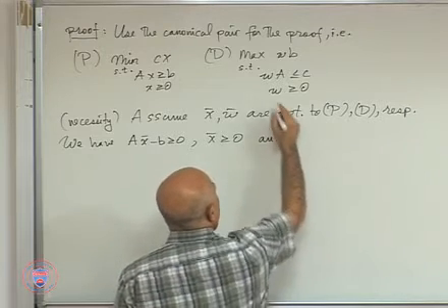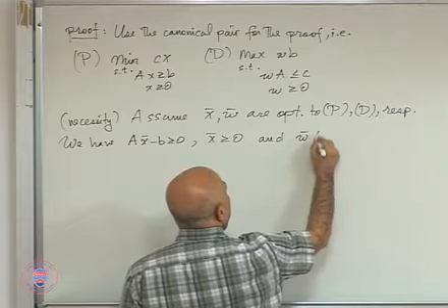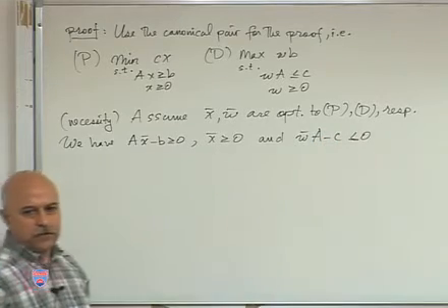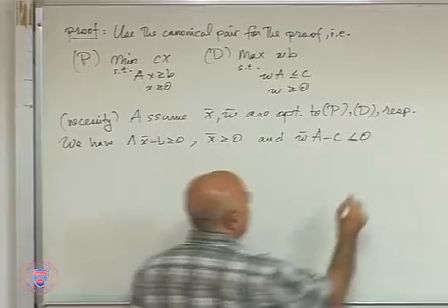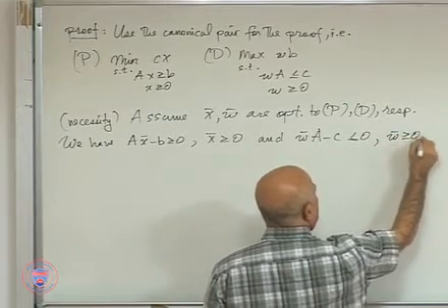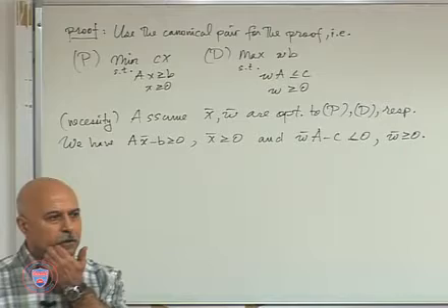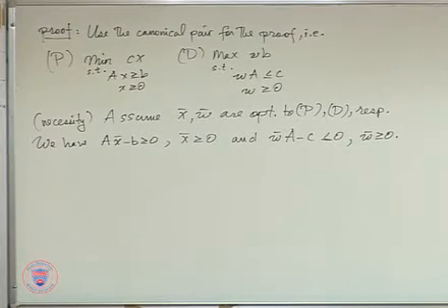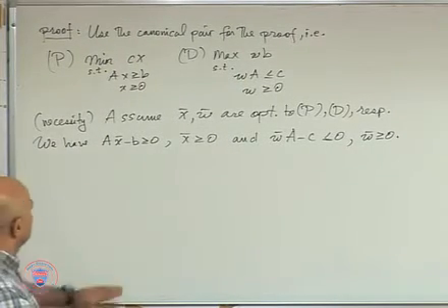And we also have WA minus C less than or equal to 0 due to feasibility of W. And w bar is non-negative. So these are all given due to the assumptions of the theorem.